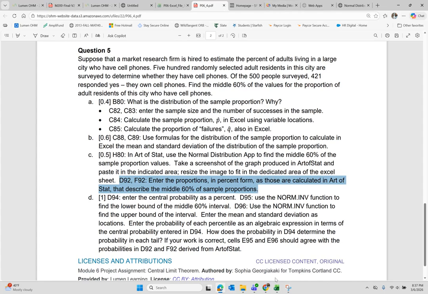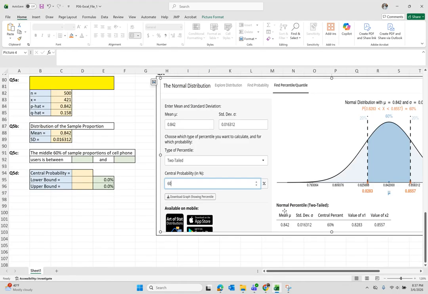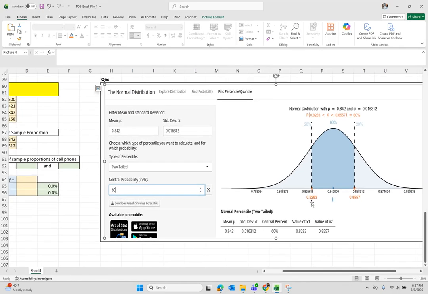So in Art of Stat, I saw that the value of x1 is 0.8283, which is 82.83%. And let's increase the decimal here so that I can just copy what I see. And here the other upper proportion, the upper bound is 85.57%.